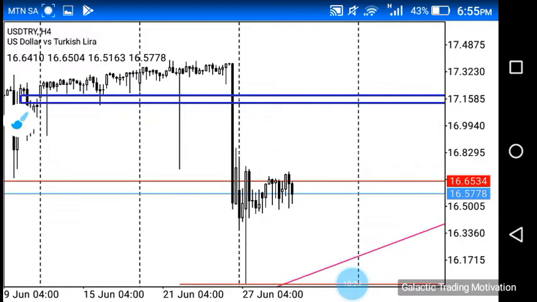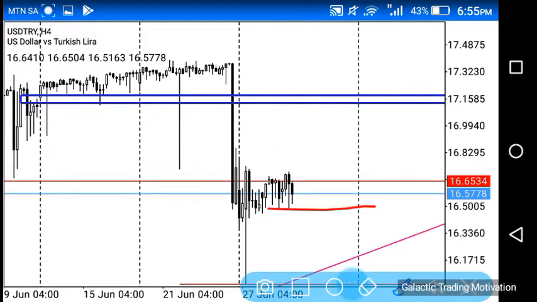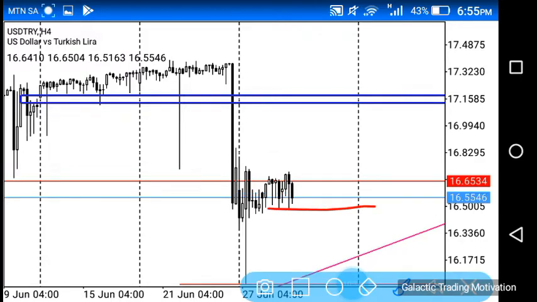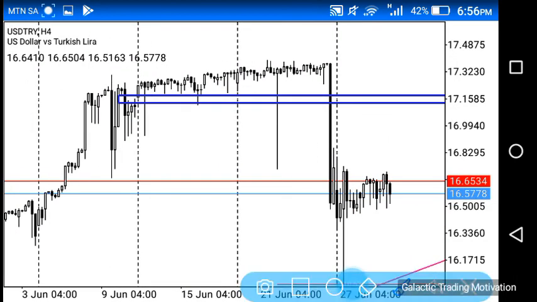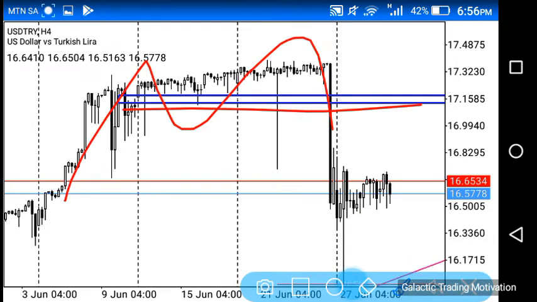We also have at this level a strong support line, or rather a support area, and we have some liquidity candlesticks as well as this one. So that tells us that the market needs to come down to grab that liquidity at some point, right? So what may actually happen is, remember we have in this region an M formation with a neckline there, and I did say that the neckline has been broken.